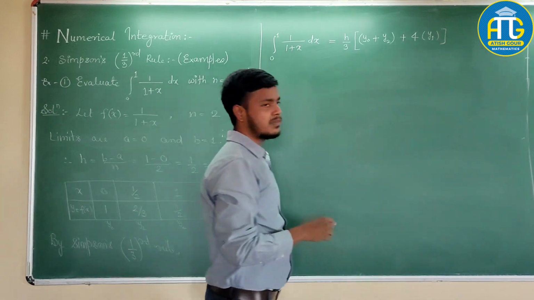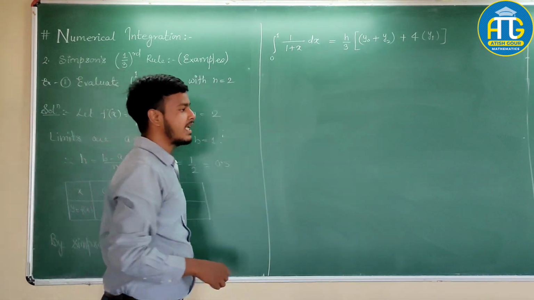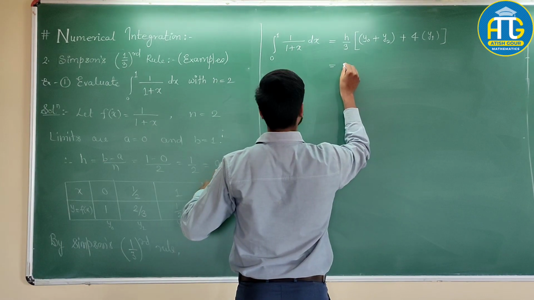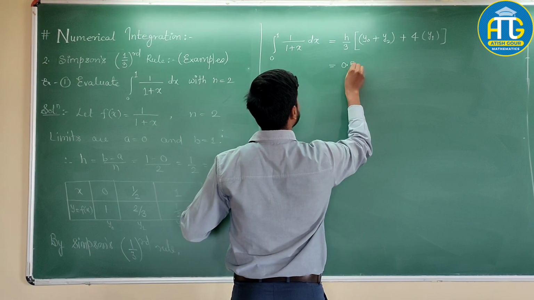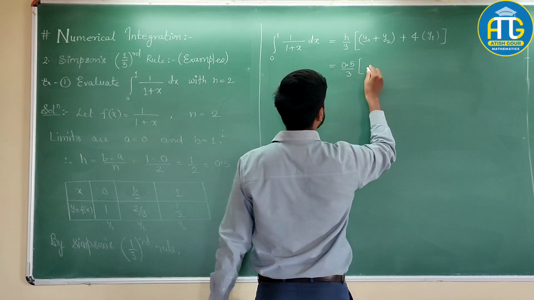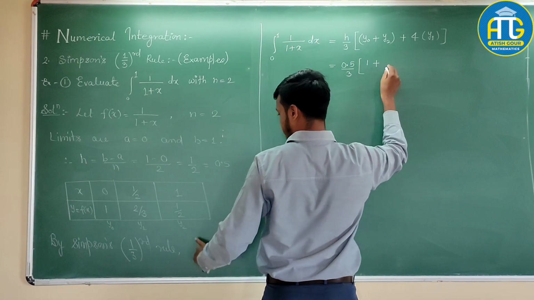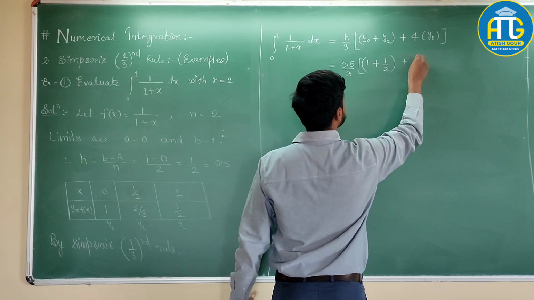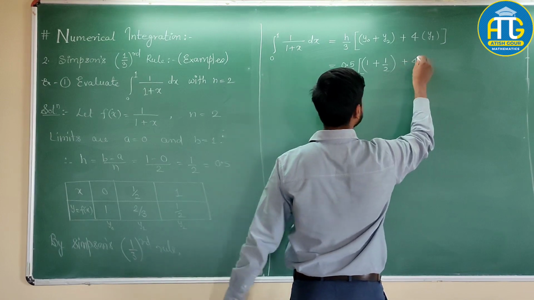As there are very few terms, we get only this. Now substitute the value of h. h is 0.5, so I can write 0.5 by 3. Then y0 is 1, y2 is 1 by 2, plus 4 times y1, and y1 is 2 by 3.